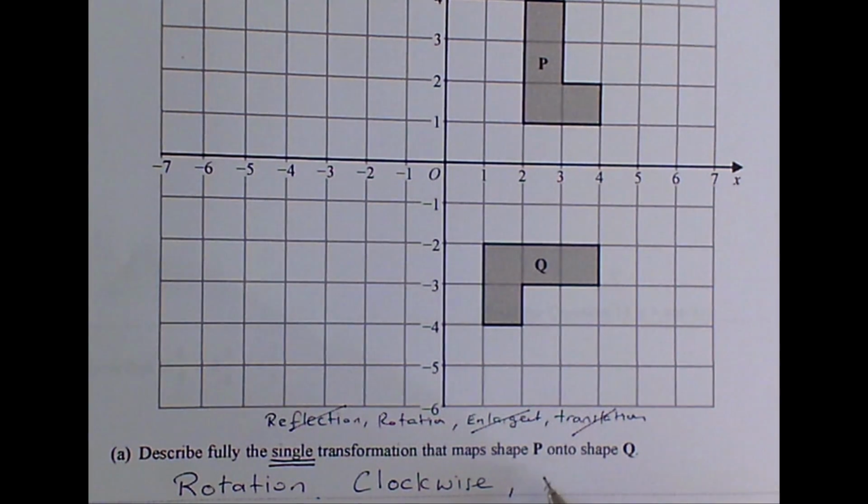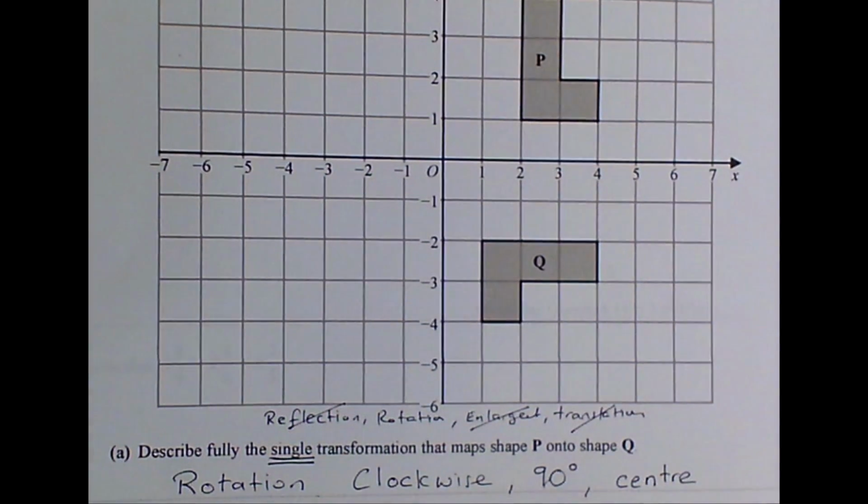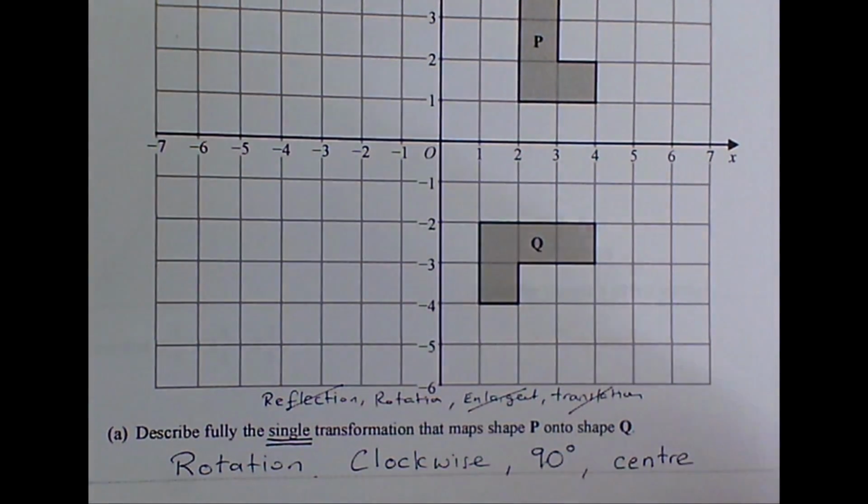Okay. But to get the last mark, we need to know the centre of rotation. Where's the hinge? Where's this thing turning around? And for that, you might want to use your tracing paper, which you're allowed to have in the exam.